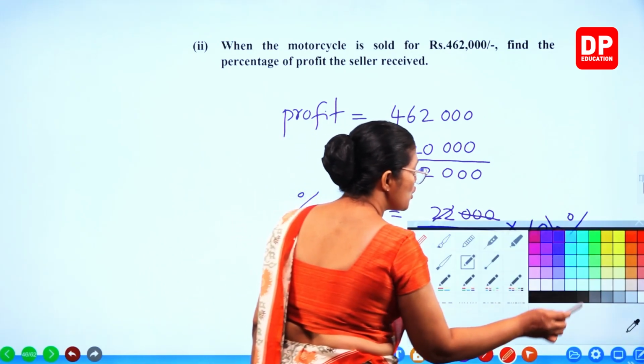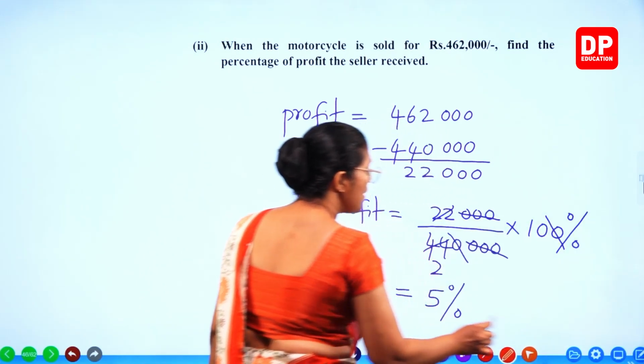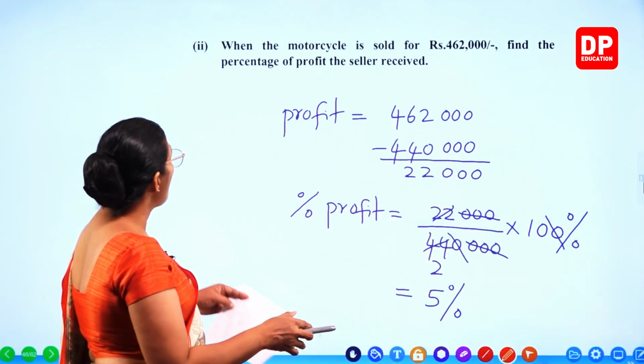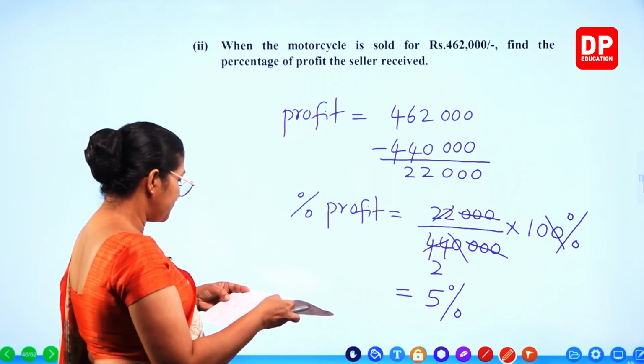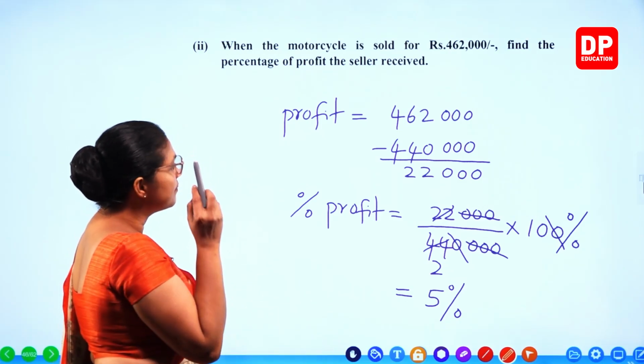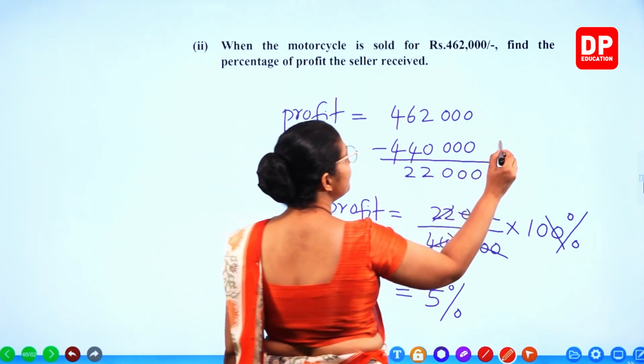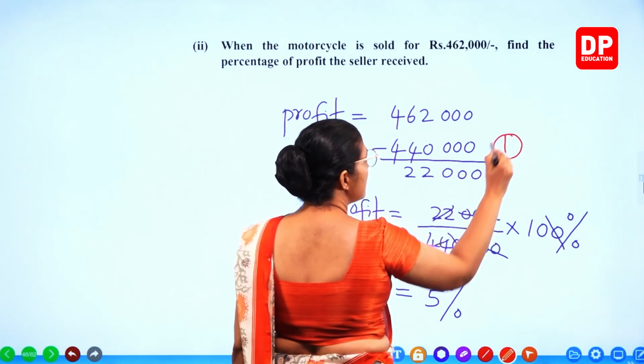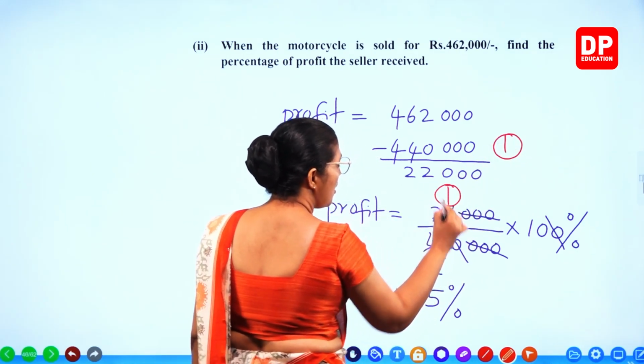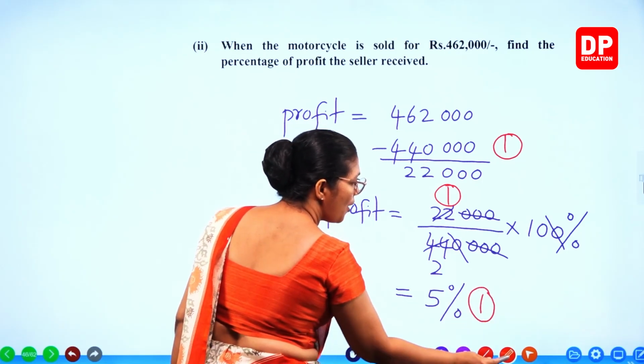So the percentage profit is 5%. So how many marks for this part? You are getting 3 marks. 1 mark, 1 mark, and this one 1 mark.